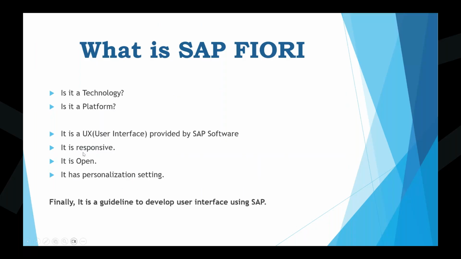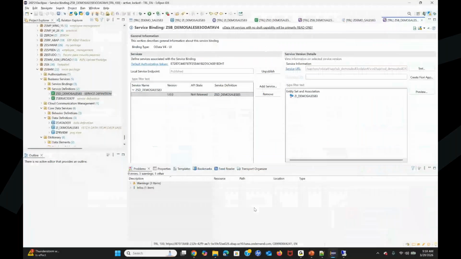That is the reason, if your application is responsive, it is also called a SAP Fiori application. You develop in any technology. If you follow the guidelines of SAP Fiori, it is called a SAP Fiori application. So finally, SAP Fiori is not a technology and not a platform. It is just guidelines to develop user interfaces. Is it clear? Any questions?